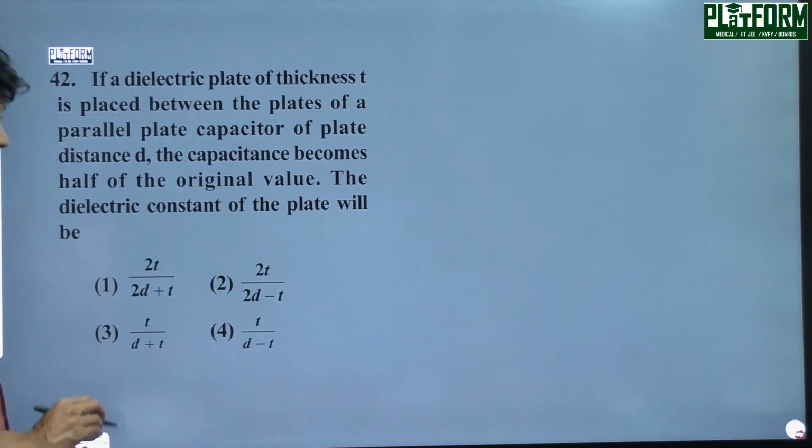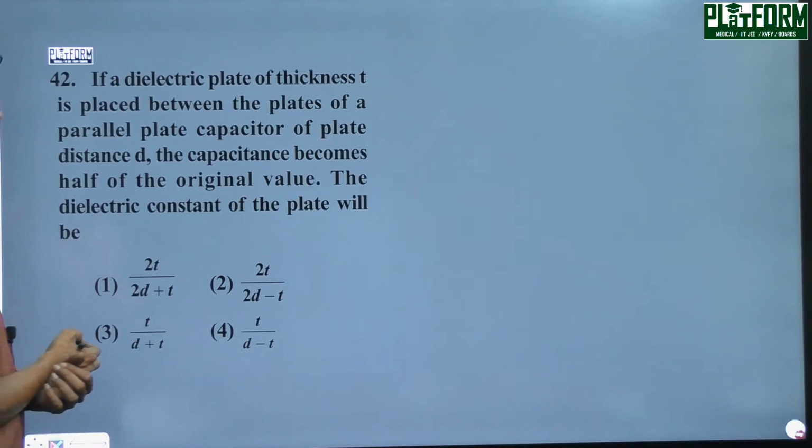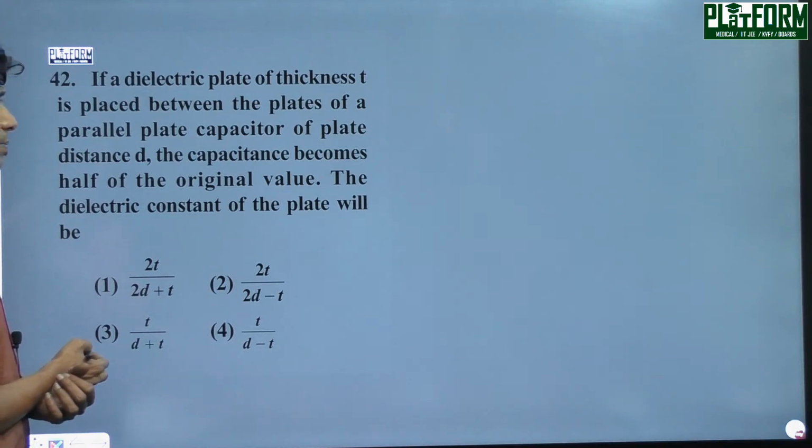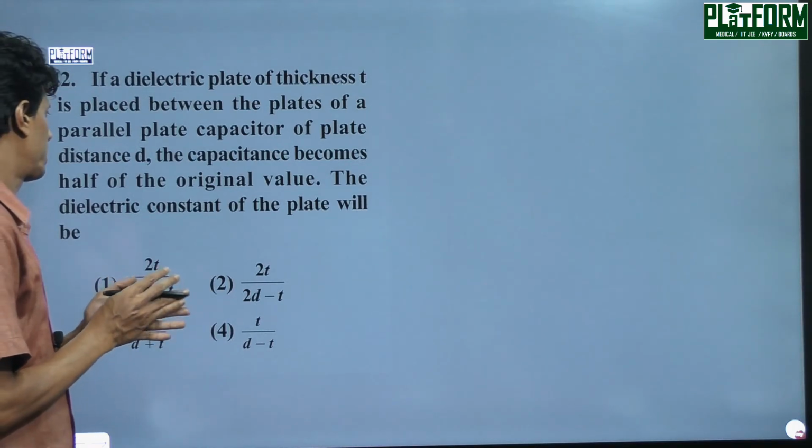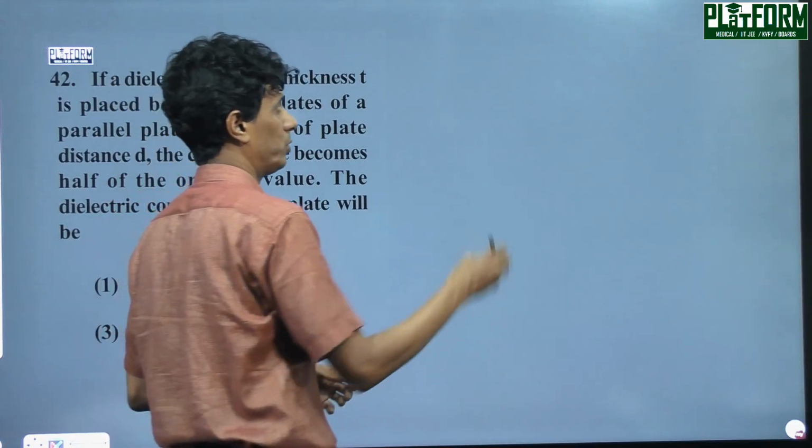Next problem. If a dielectric plate of thickness T is placed between the plates of a parallel plate capacitor of plate distance D, the capacitance becomes half of the original value.